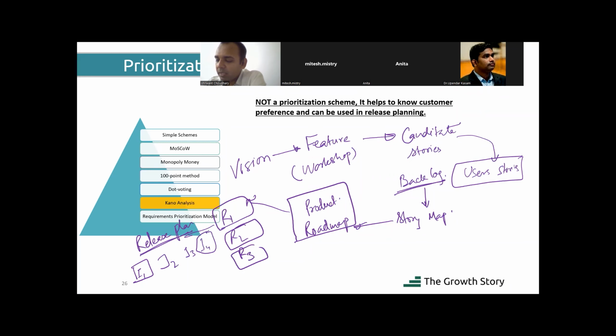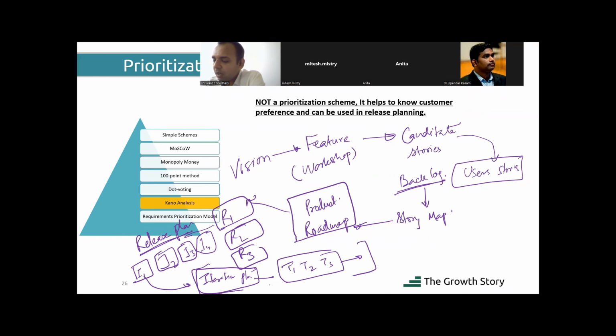How many iterations will be there? Okay. Then we come to iteration plan. What is the iteration plan? In iteration plan, we do task 1, task 2, task 3, like this. And then this is the last responsible moment work.